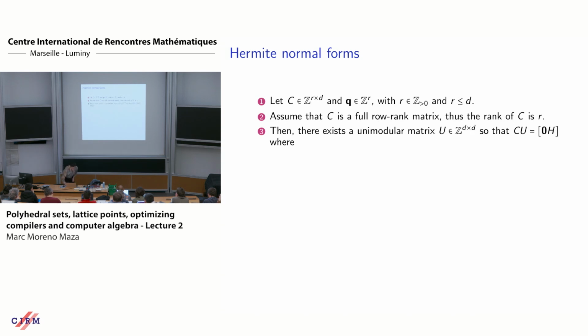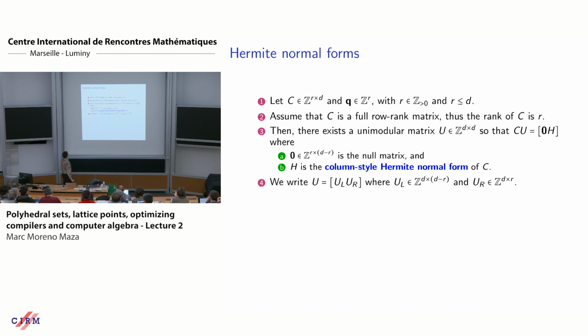And so what we are trying to do is to find the integer solutions of the system C times X equals Q. And this is done by computing a unimodular matrix U, so that C times U, as we can see, is a bunch of 0 columns followed by the column style Hermite normal form of C. For what follows, it's convenient to write that unimodular matrix into two parts, UL and UR.